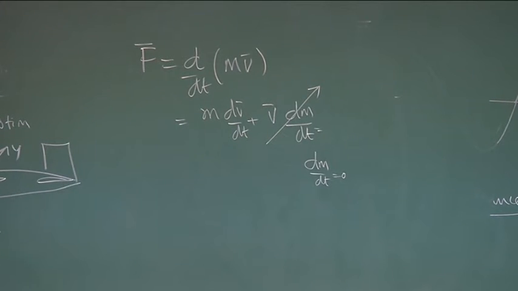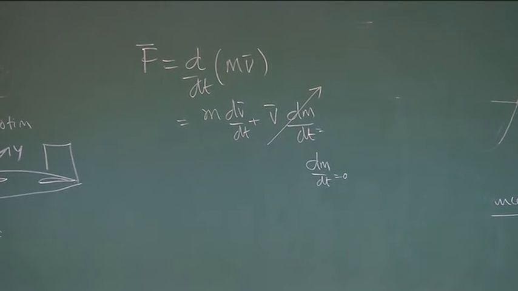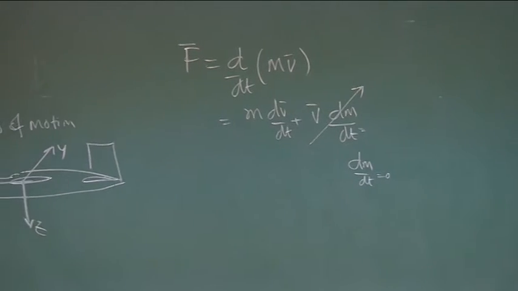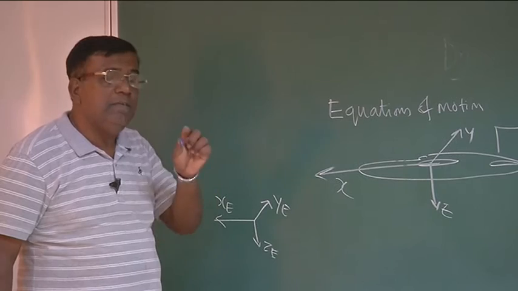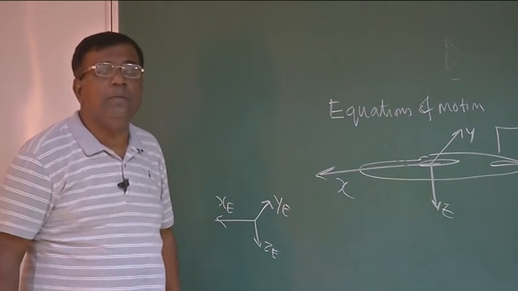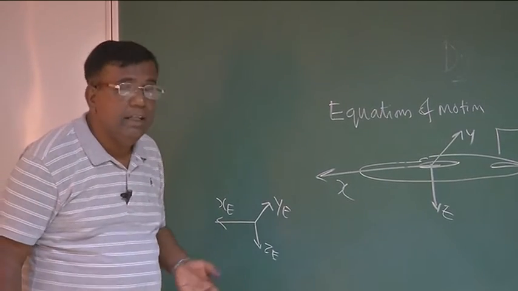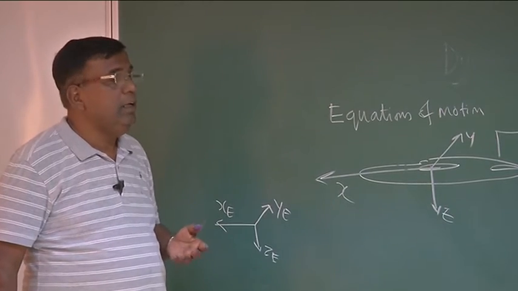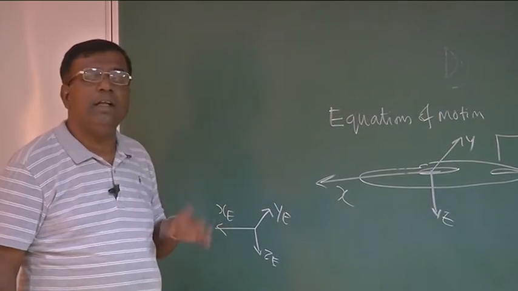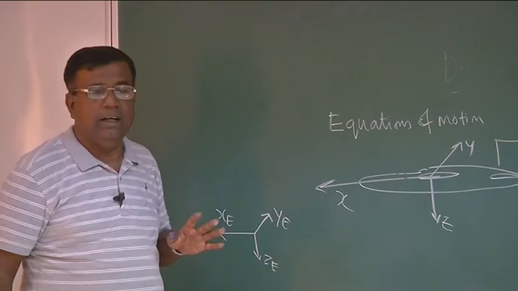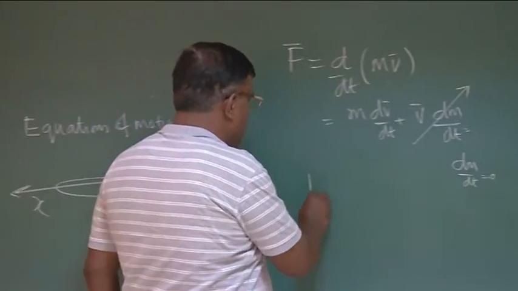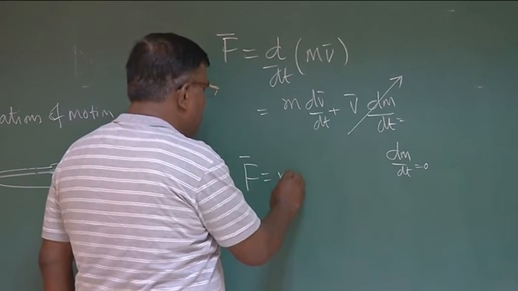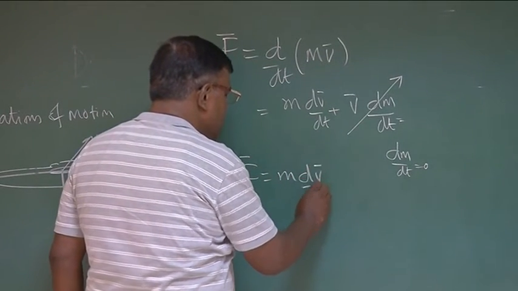But you know, the aircraft has fuel and there is huge fuel consumption. But what is the logic again given here? Since we are doing dynamic stability analysis, only a few seconds of response will be utilized for analyzing the dynamic stability of an airplane. So for these few seconds, we'll assume that the fuel has not changed, or the mass of the whole airplane has not changed. So we said F equal to m dv by dt.